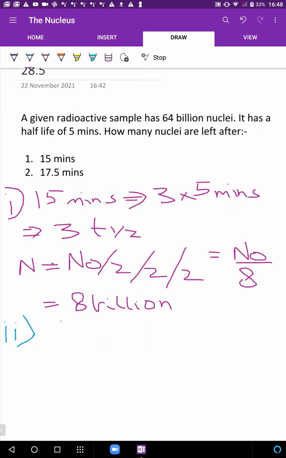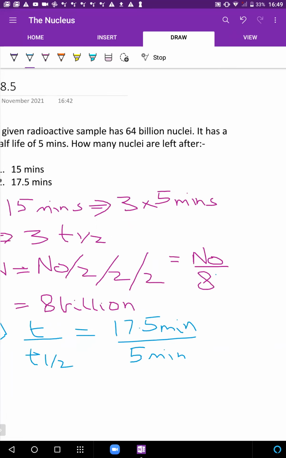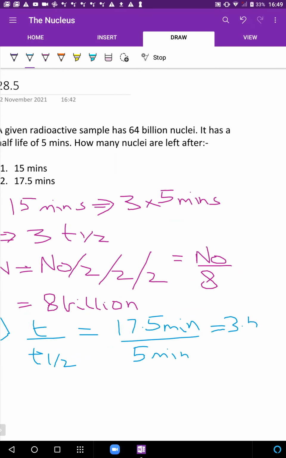Okay, the given time frame is what multiple of my half life? So it is 3.5 times my half life. Okay. Now let's use the formula. N is n naught times 2 to the power minus t divided by t half.